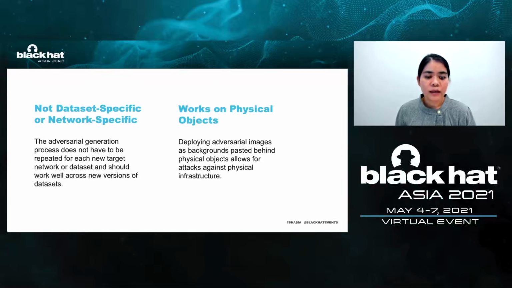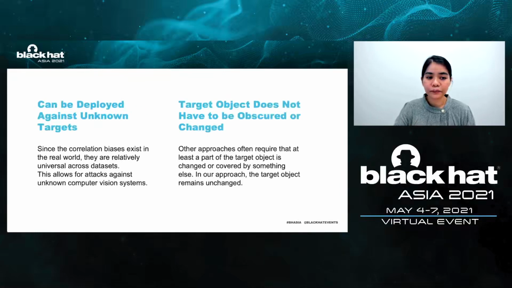And the second point is it works on physical objects too. So we deployed several adversarial images as backgrounds pasted behind the physical objects. I think Paul already showed the physical objects of the stop sign also allow for attacks against physical infrastructure.